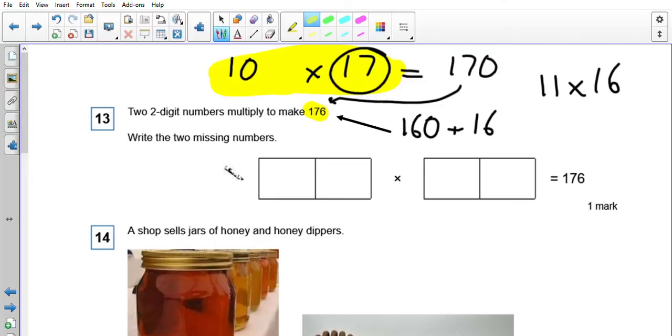So my two numbers are going to be 11 and 16. Because of the commutative law for multiplication, I can switch both my numbers around and it doesn't matter which way, so if you put 16 here and 11 here, that's absolutely fine.